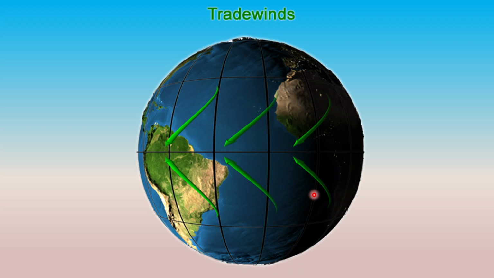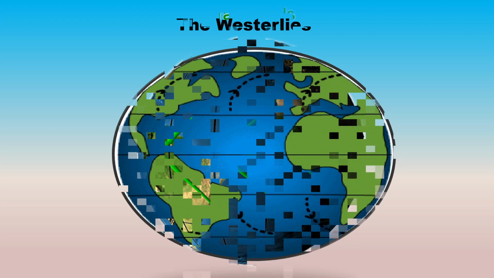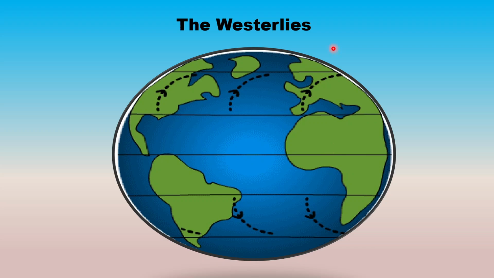The trades are most regular in strength and direction among the planetary winds. On reaching close to the equator, the trade winds of the northern and southern hemisphere clash with one another, and they rise as convectional air currents, causing heavy rainfall in the equatorial regions.